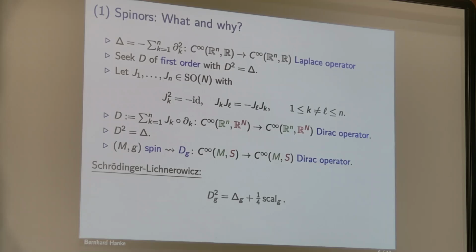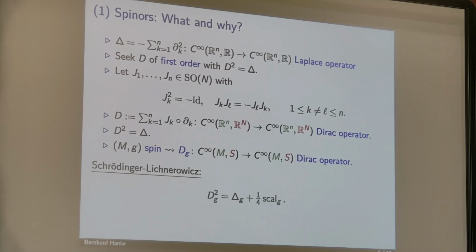We write down a second order differential operator, the Laplace operator, as a classical differential operator that we all know. And then the question is: is there a first order differential operator whose square is the Laplace operator? So this is the non-negative Laplace operator with a minus sign.